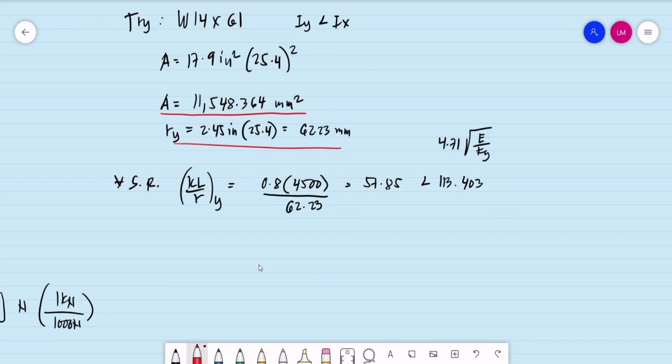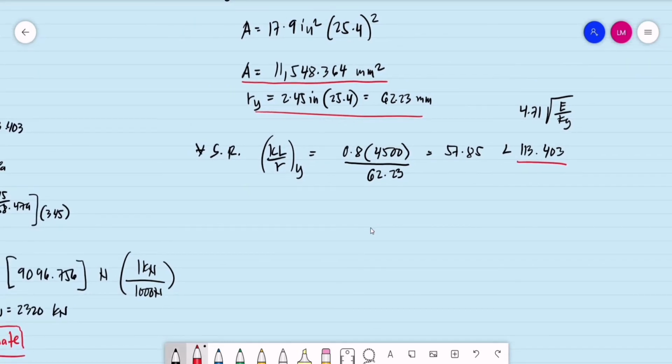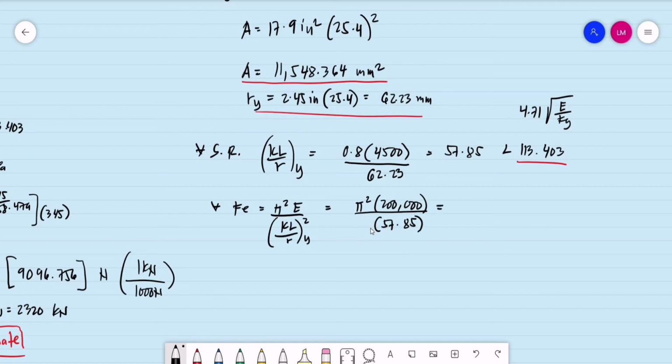So we have that value as 113.403. So let's have the value of the F sub E. That is equal to pi squared multiplied by E divided by the slenderness ratio, KL over r with respect to the y-axis. So we are now to substitute. This is pi squared multiplied by 200,000 megapascals divided by our new slenderness ratio, 57.85, and this should be squared.